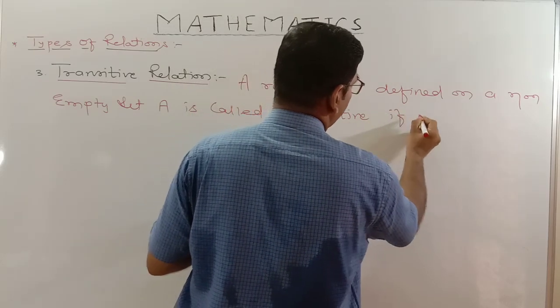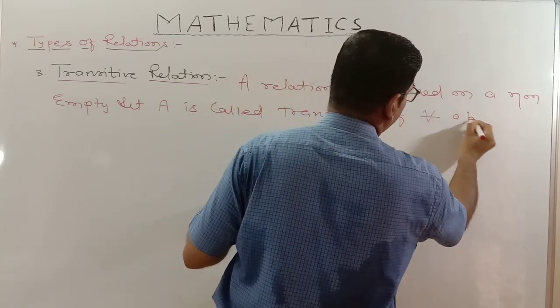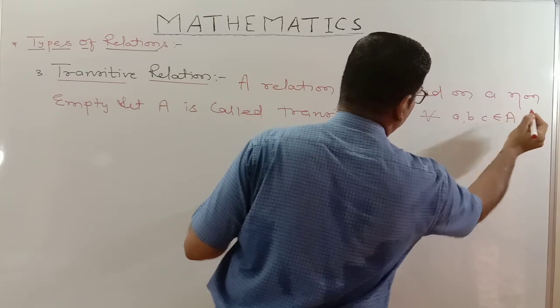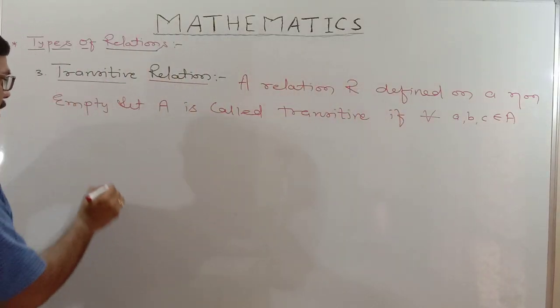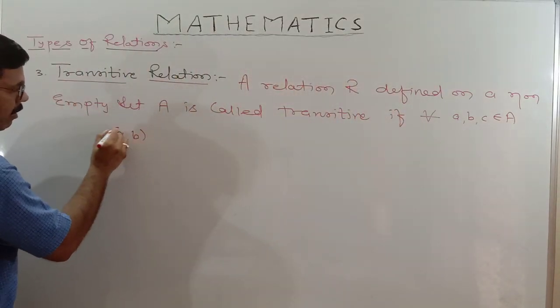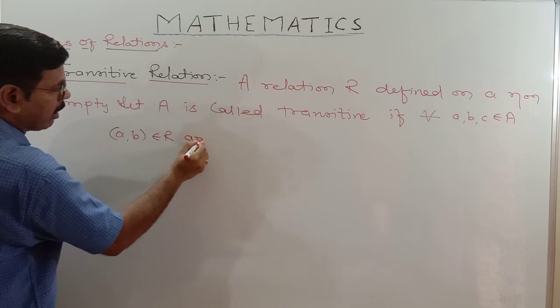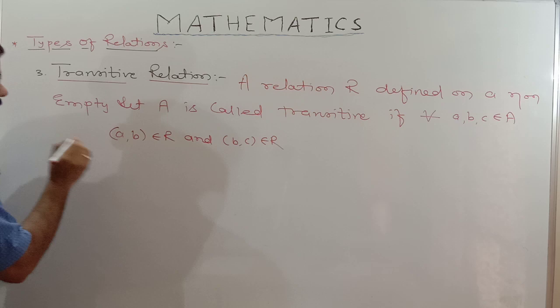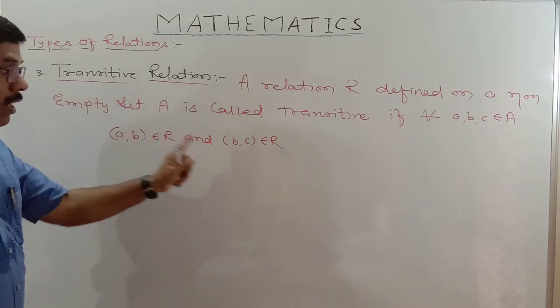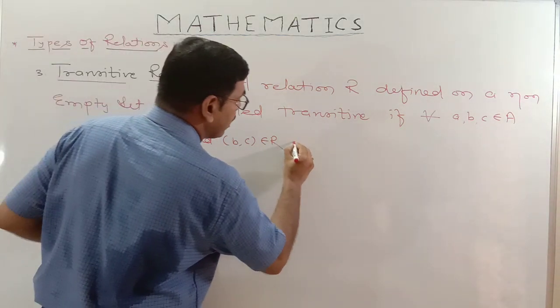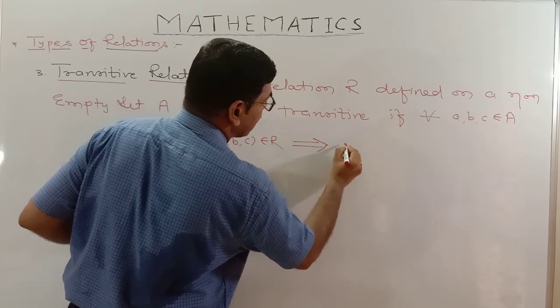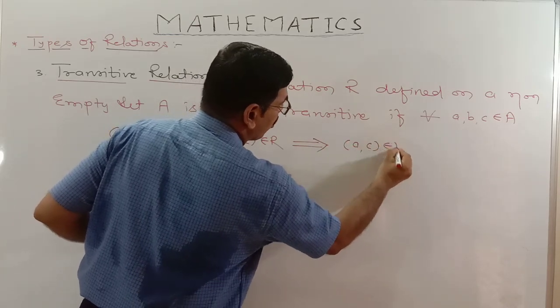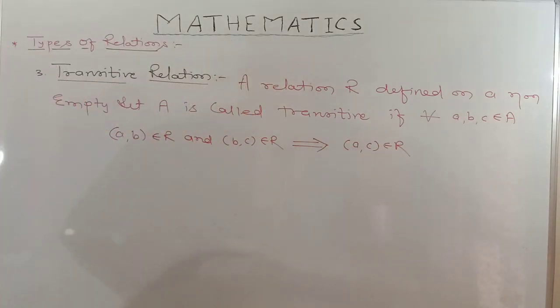If for all a, b, c belonging to A, (a, b) belongs to R and (b, c) belongs to R, then it implies that (a, c) belongs to R. Is it clear?